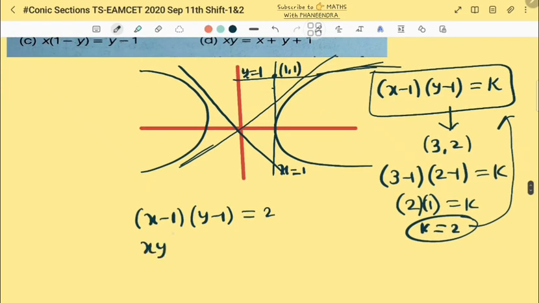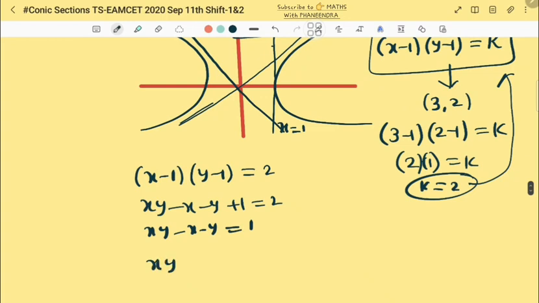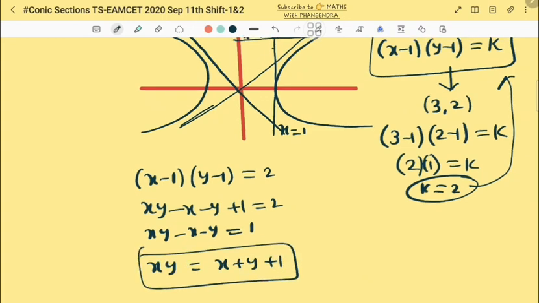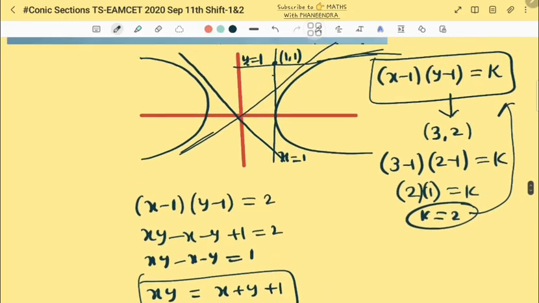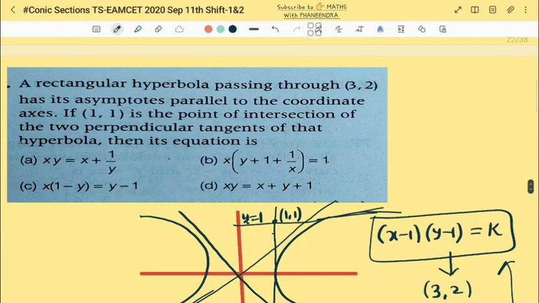So xy minus x minus y plus 1 equal to 2. So xy minus x minus y equal to 1. So xy is equal to x plus y plus 1, which is the required equation of hyperbola. It is there in the fourth option. We'll move on to the next one.